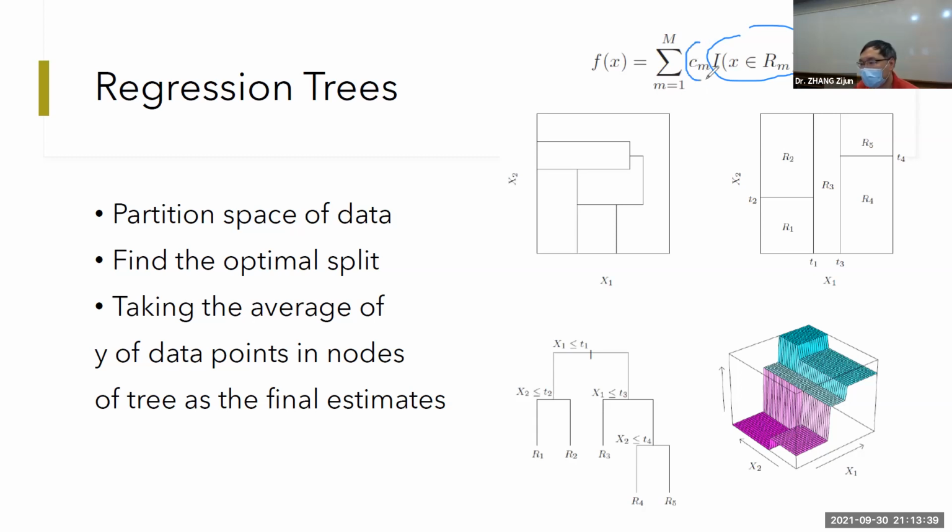And the second component is the regression value. It's a c_m, which is a constant. That means if the X falls into this region, then Y will equal this constant. And how is this constant obtained? It is an average of all the Y's of the X that fall into this region. Okay.